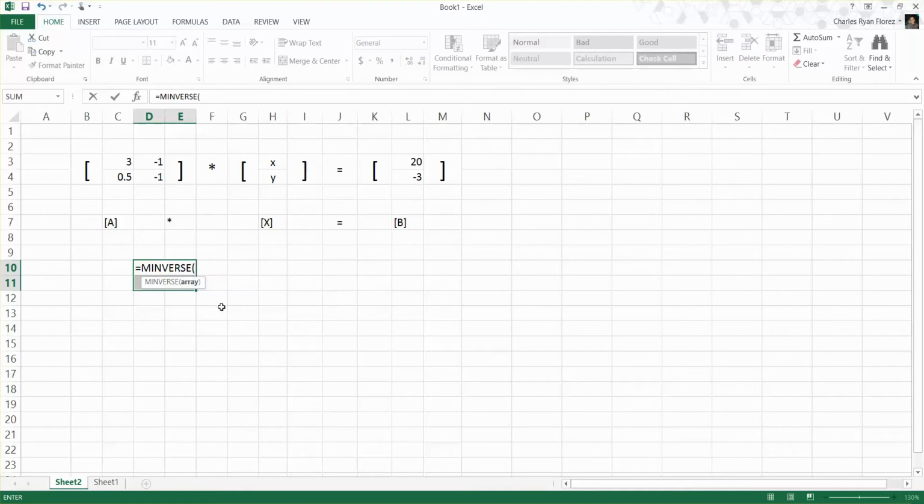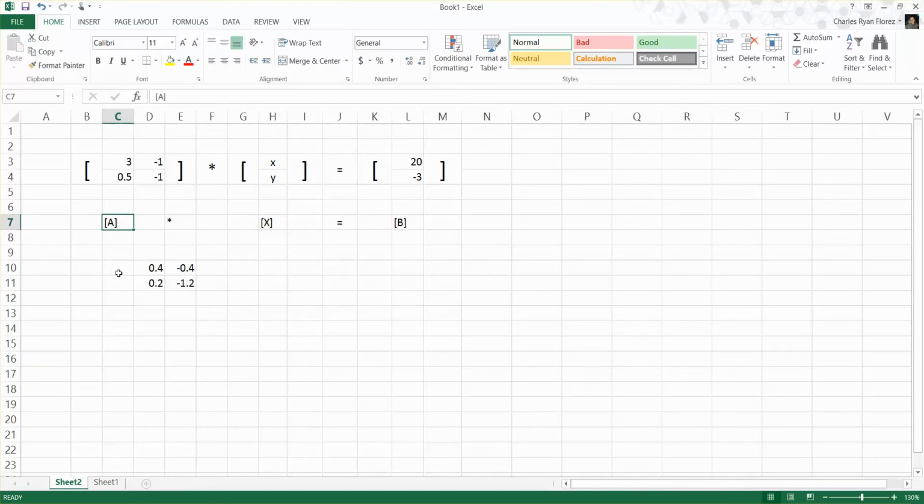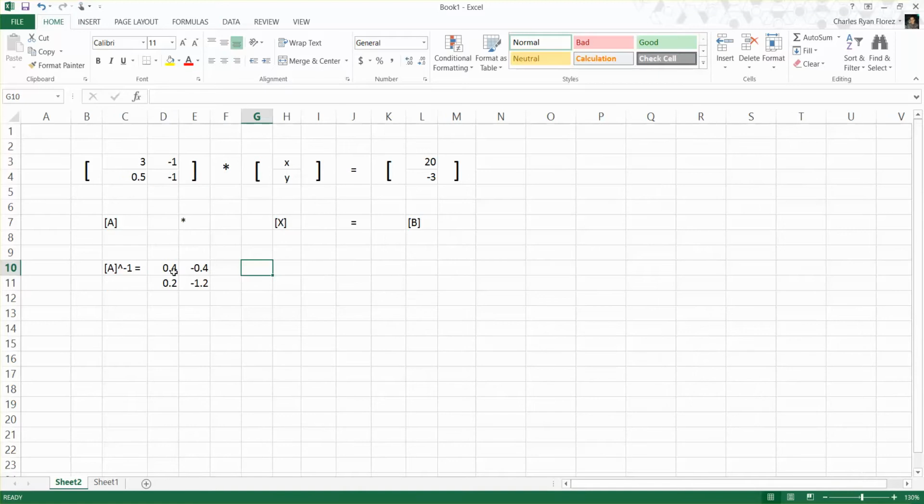To get the inverse of a matrix, it's MINVERSE. You select your array or matrix, close the parentheses, and remember to hit Control-Shift-Enter, and then you get an inverse. This is pretty much known as the matrix to the power of -1, and that's what that equals.